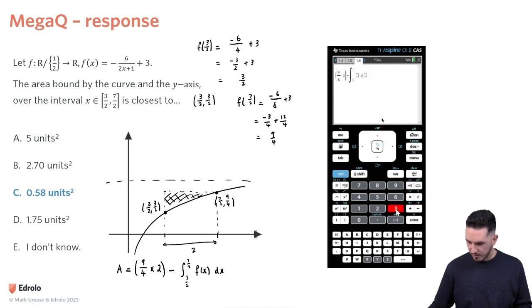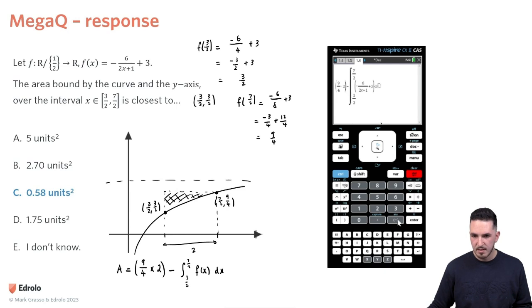So menu, integral, from 3/2 to 7/2 of negative 6 over 2x plus 1, plus 3, dx. Let's try that again.